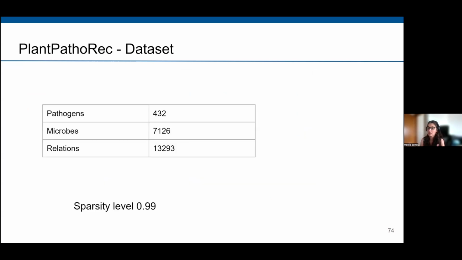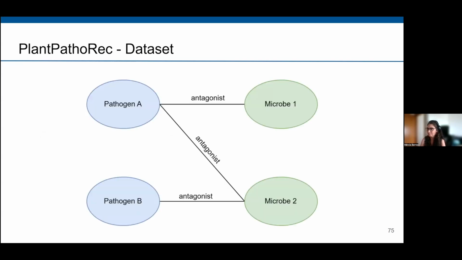In this first database, we have 432 pathogens, 7,126 microbes, and roughly more than 13,000 relations of antagonist and agonist. But we have a high sparsity level here, 99%.